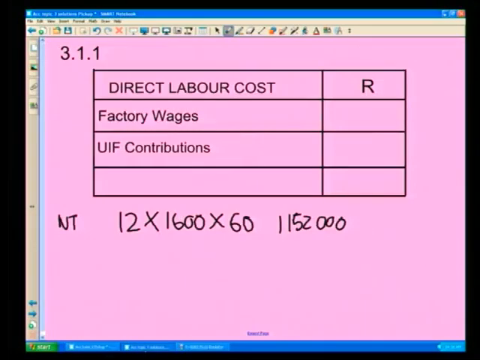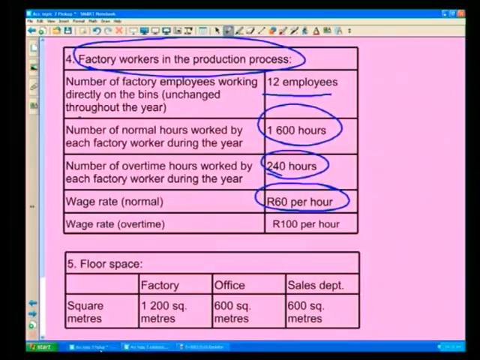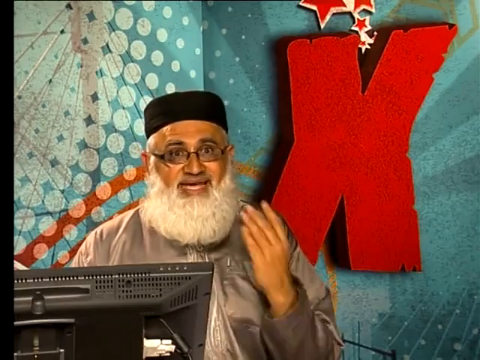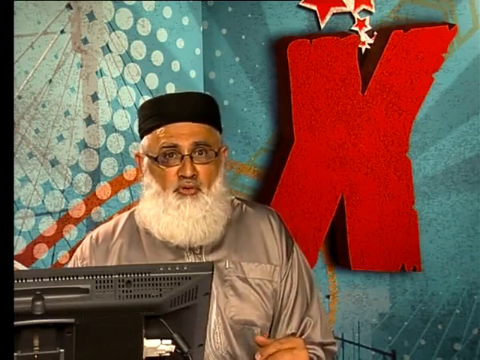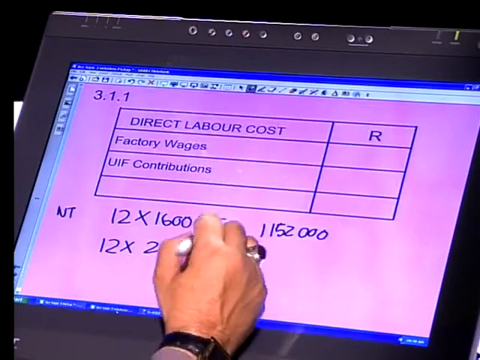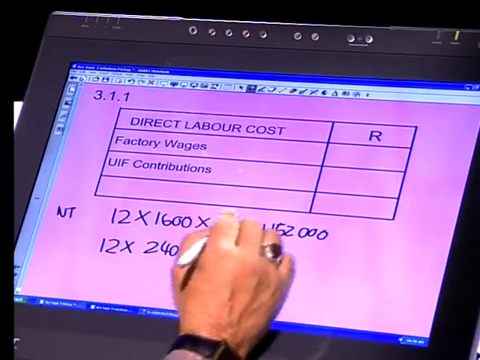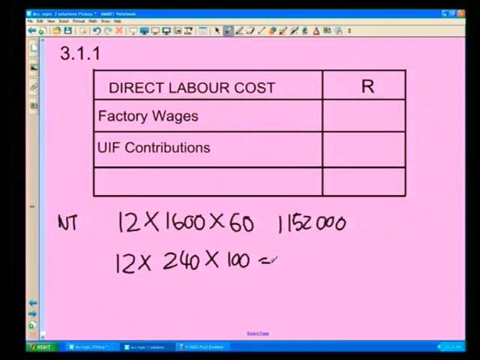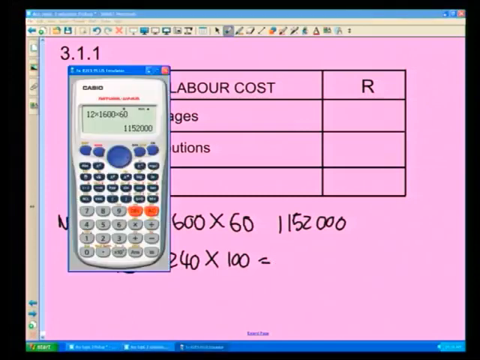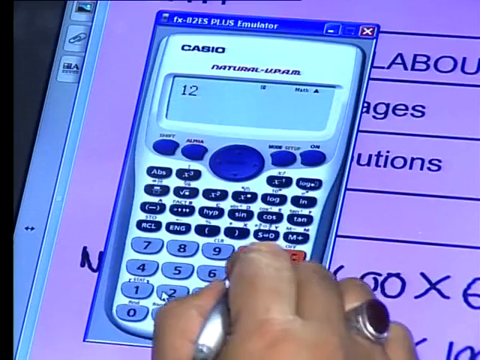But my employees also worked what? Overtime, didn't they? Here goes. Number of overtime hours worked, 240. Back to where I'm working, we said 12 workers times 240 hours times, what was the rate? Let's find our rate. Watch, the moment there's overtime, immediately you can see that the rate changes. Obviously, your employees will be paid more. In this case, 100 Rand per hour.